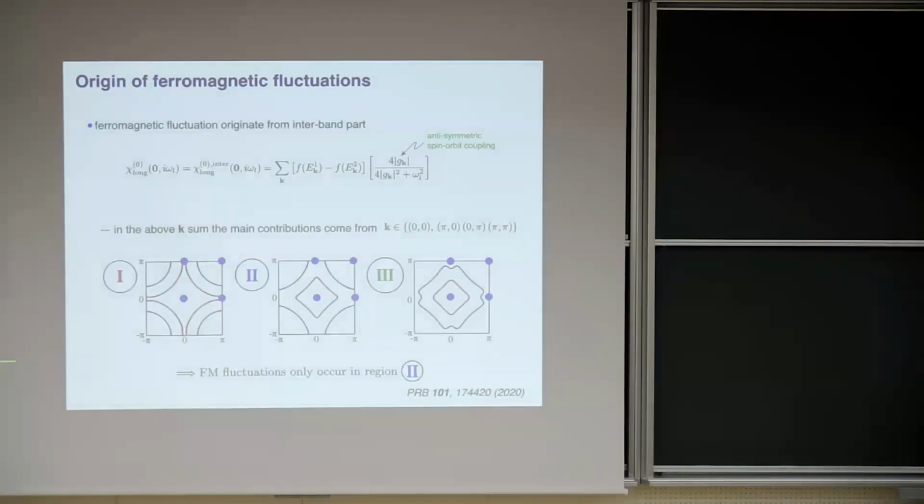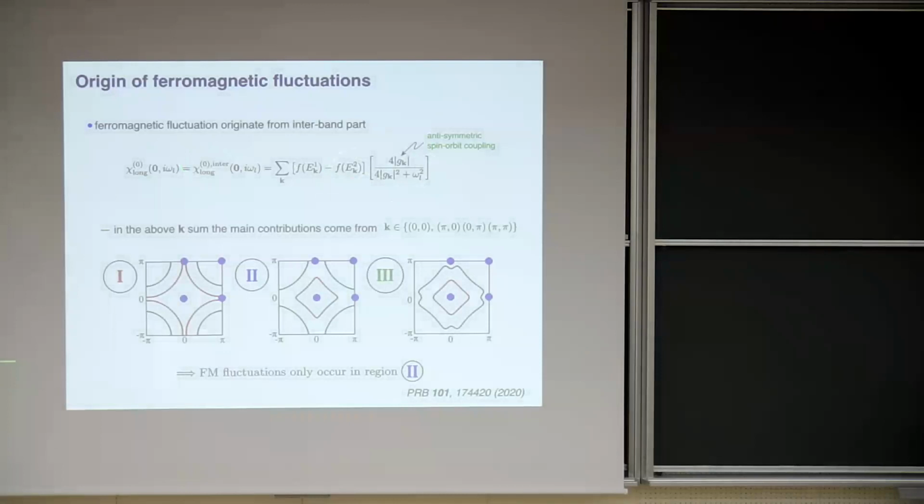Now we can further simplify this interband effect part of the susceptibility, and then it takes this form here. Basically, you have again one factor that comes from the spin-orbit coupling vector.